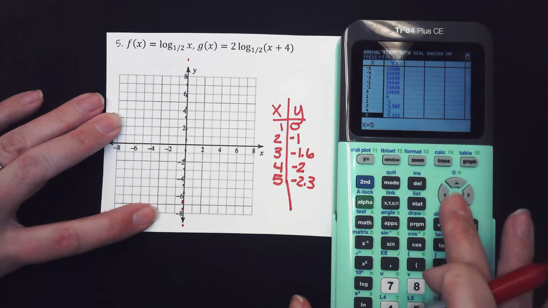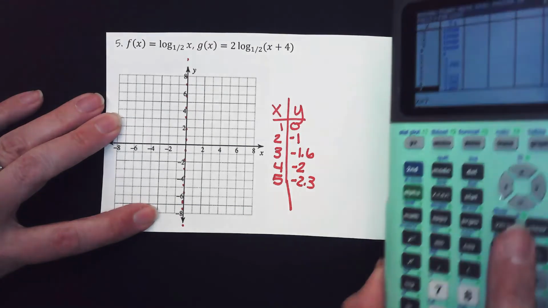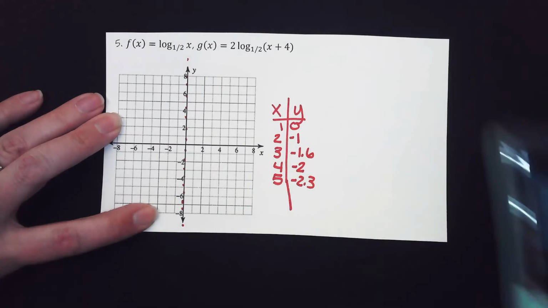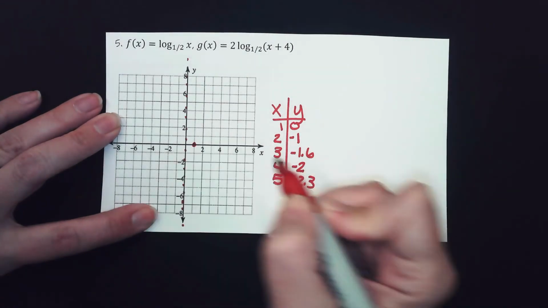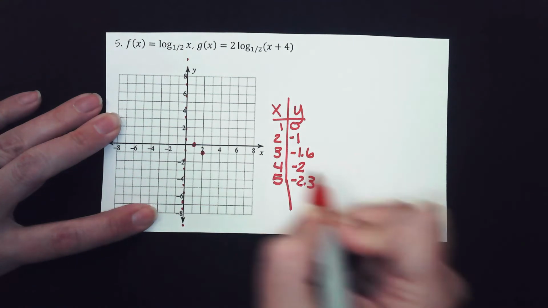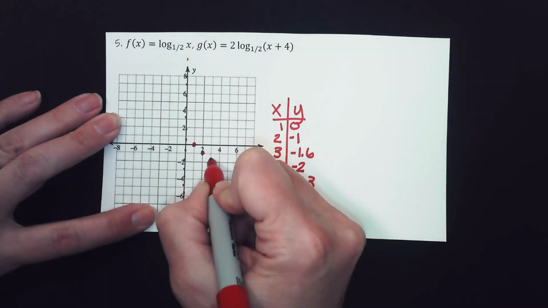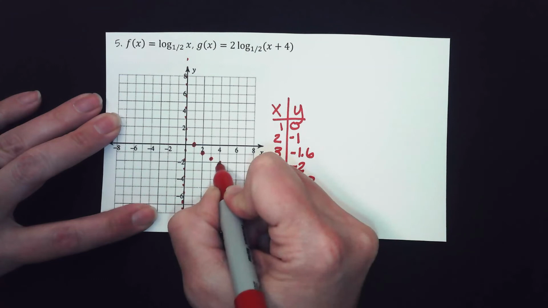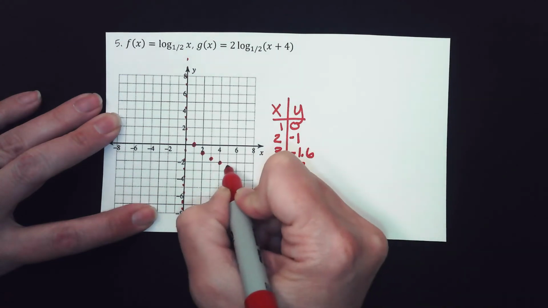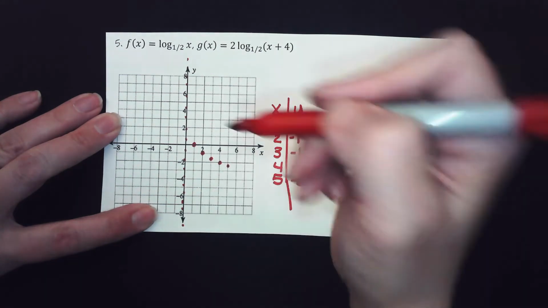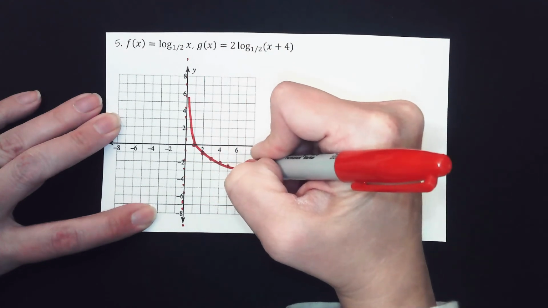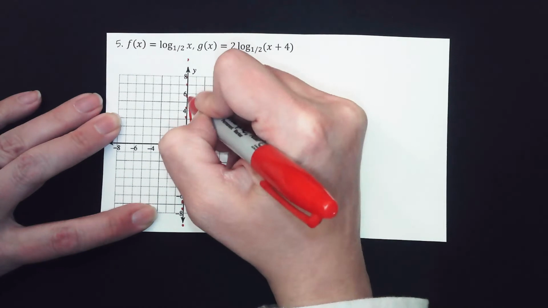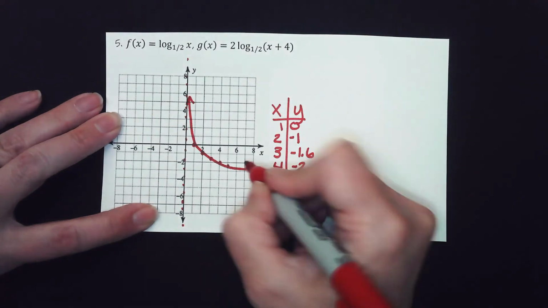Just scroll down. But I feel like I'm good because all of those are just approaching negative 3. So if I plot those at 1, 0, 2, negative 1, 3, negative 1.6, 4, negative 2, 5, negative 2.3, I can see that we approach right there. Okay, so this is f of x.